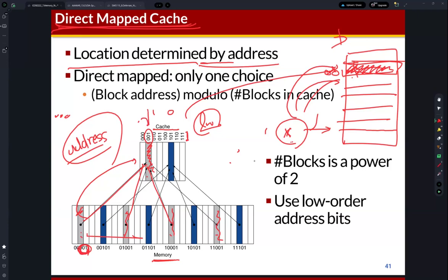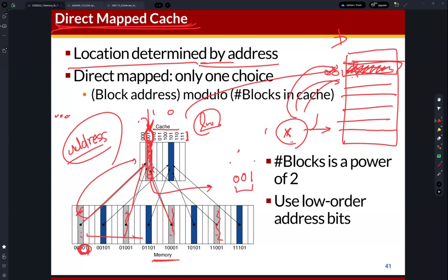If we access the data at cache index 001, then the data in this entry has 001 in the lower part of the address.